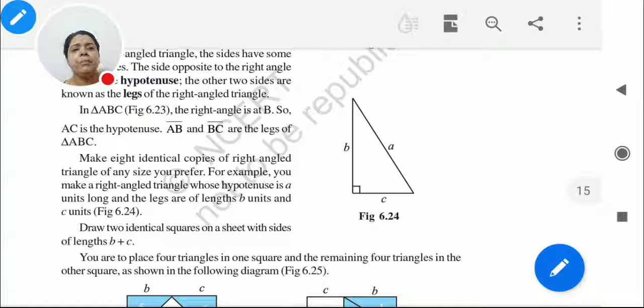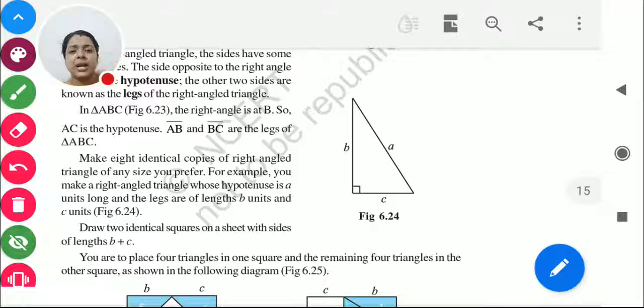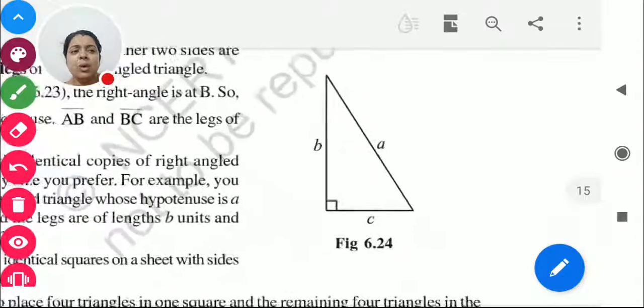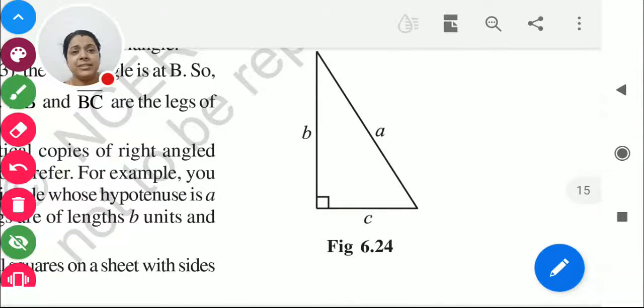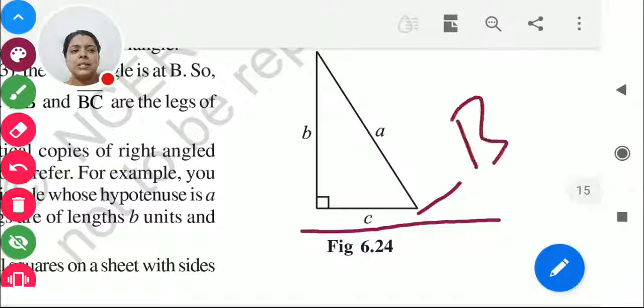Before starting with the right angle triangle, I want to tell you a few things. Till now, you got to know that there are three sides, three angles and three vertices. Today, I want to give you the names of these three sides. The line drawn down here is known as breadth, also called B or base.